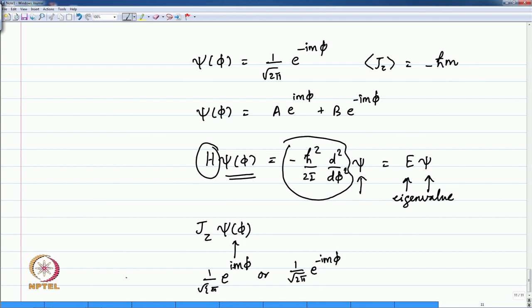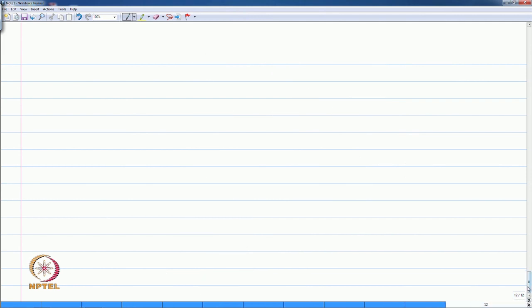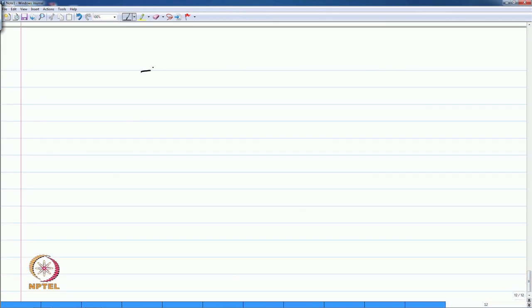If the wave function is either this or that, then you also see that the angular momentum Jz acting on psi of phi gives you that angular momentum value, which is, as you remember, minus I h bar d by d phi on 1 by root 2 pi exponential plus or minus I m phi.